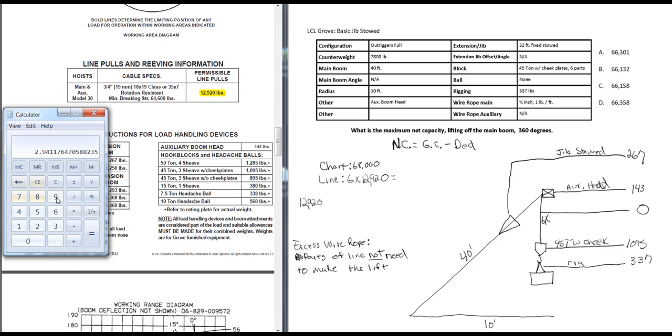Get our calculator here. Line capacity is 77,520.